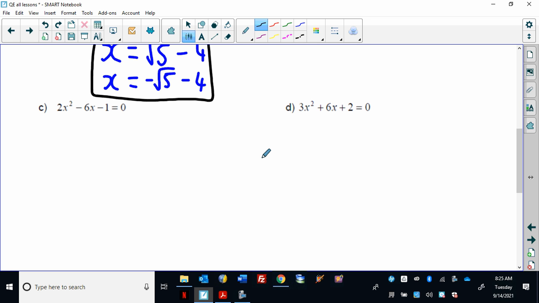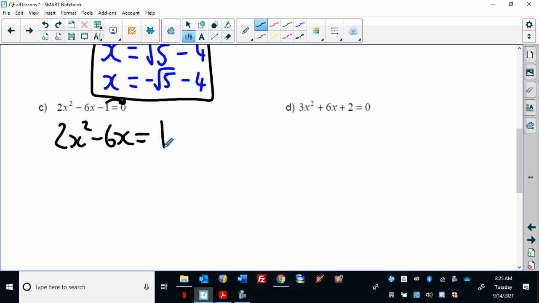Once again, the first thing we're going to do is move the constant over to the other side. Equals positive 1. Now at this point, you can see that, again, we need to turn it into a perfect square trinomial. The problem is that the x squared term has a coefficient, but that coefficient happens to be common to both terms.